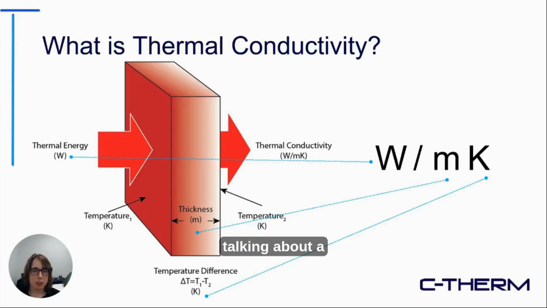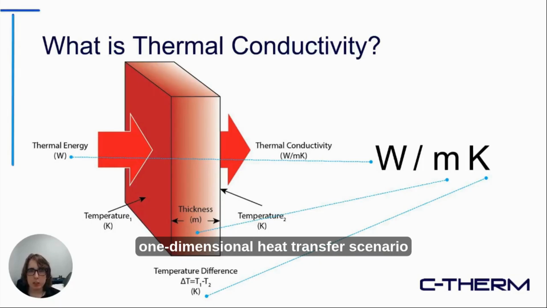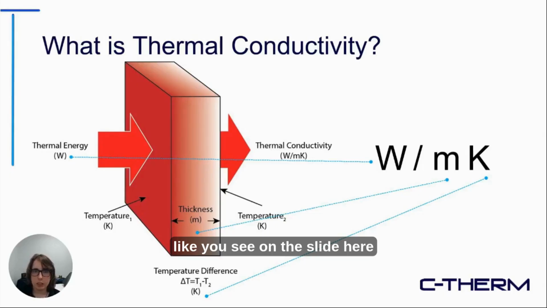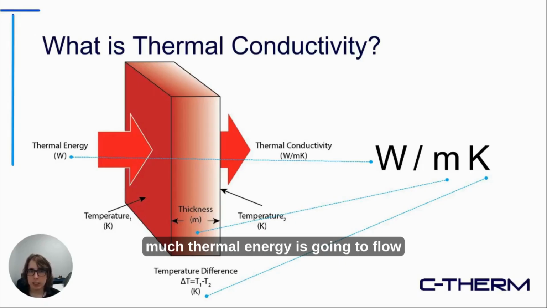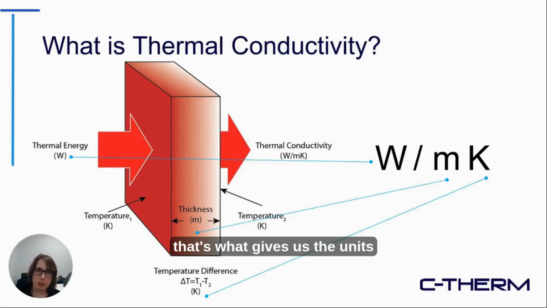If you're talking about a one-dimensional heat transfer scenario, like you see on the slide here, the thermal conductivity property in that direction determines how much thermal energy is going to flow as a function of time, or the rate of the thermal energy flow through the material of a known thickness and cross section when it's exposed to a certain temperature gradient. So that's what gives us the units of thermal conductivity in watt per meter per Kelvin.